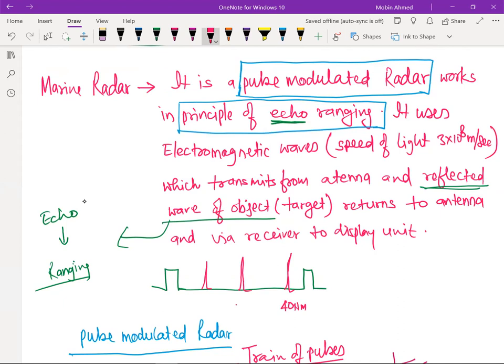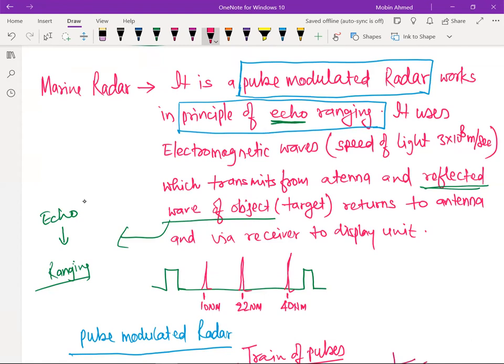This target is about 22 nautical miles, and this is about 10 nautical miles. So I can know this target is at 10 nautical miles, this target is at 22 nautical miles, and this target is at 40 nautical miles. Likewise, I can determine the range of the target.